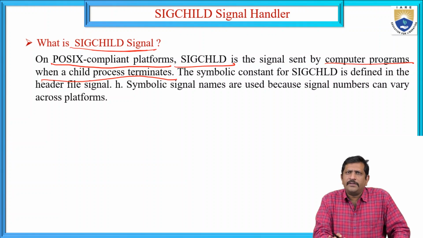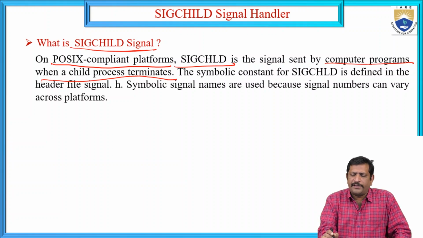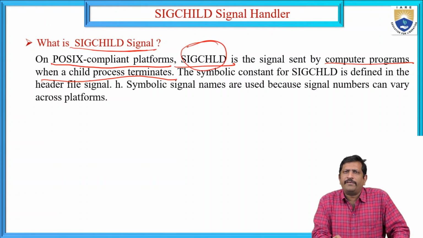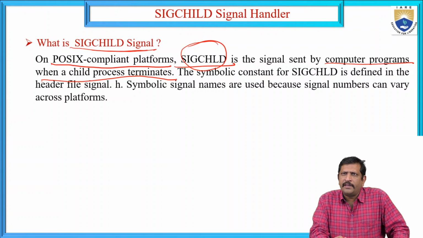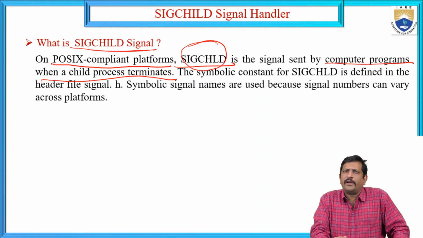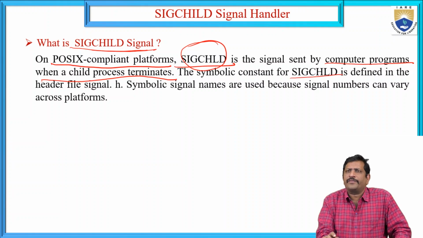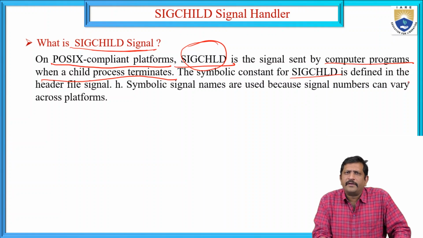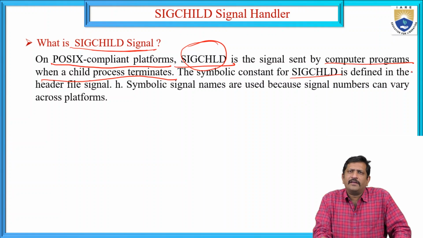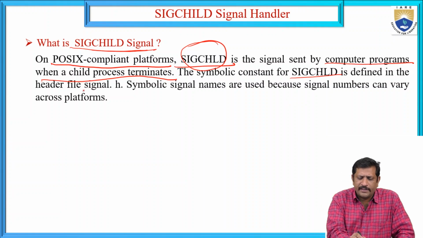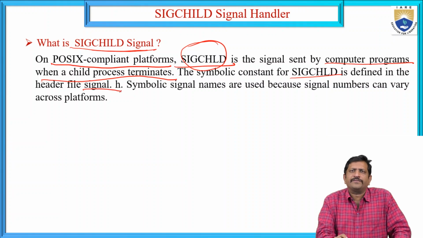This is the symbolic representation. SIGCHLD is a symbolic representation of child process termination, the signal sent by the computer or the program. It is defined in the header file signal.h.